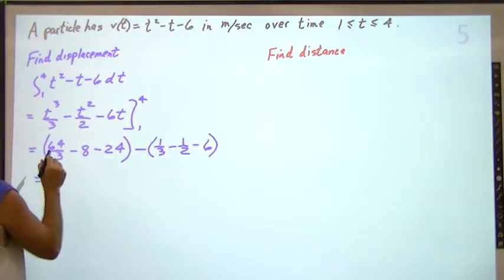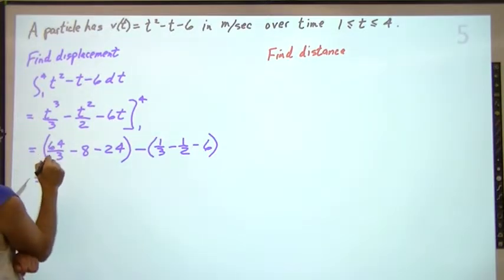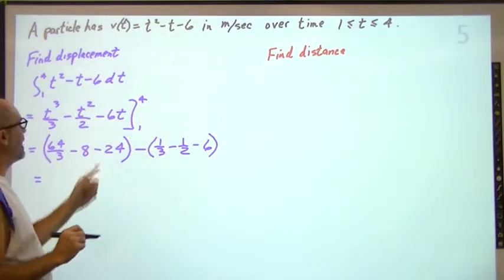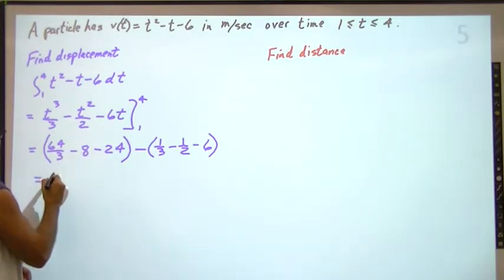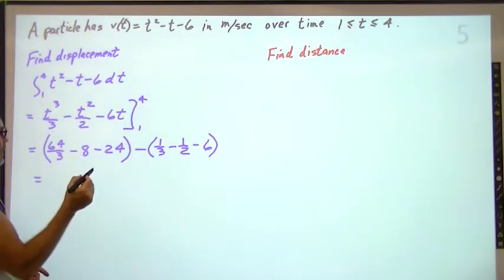Okay, so 64 thirds, how do I do this here? Yeah, -8 minus 24 is -32, and that would be 96 thirds.